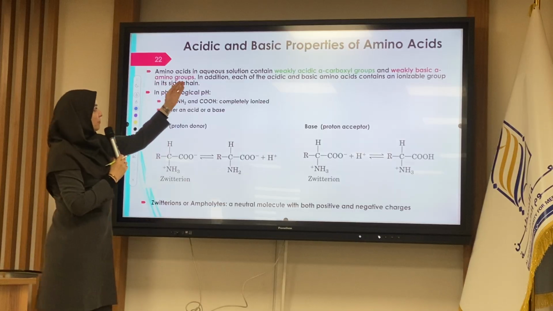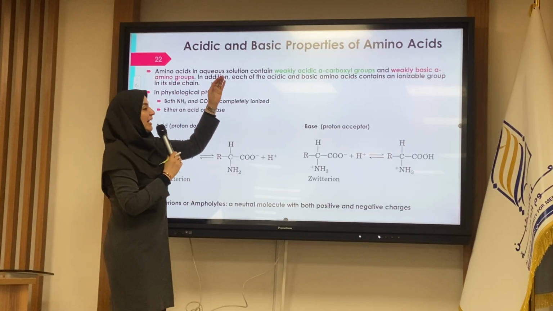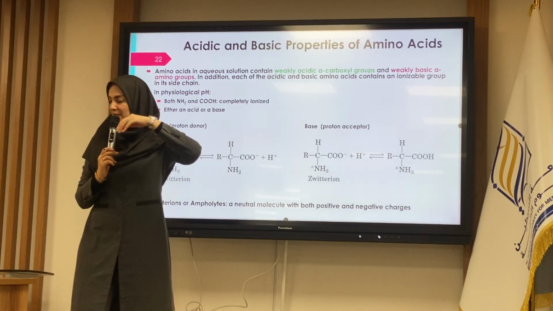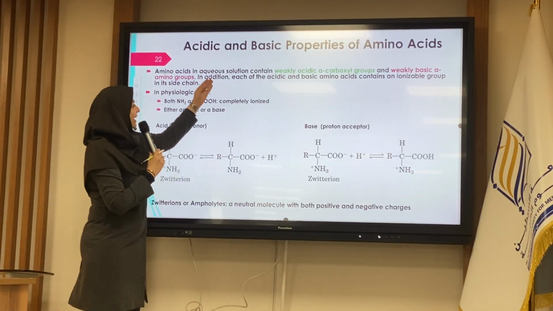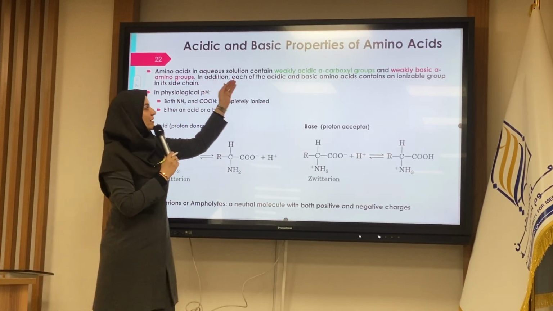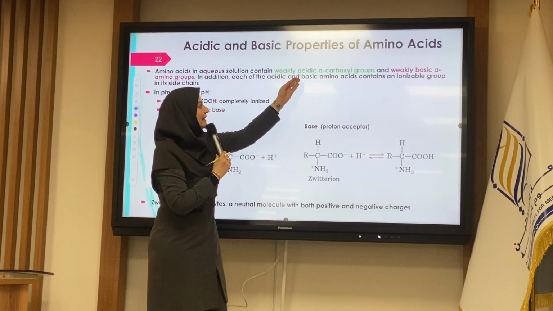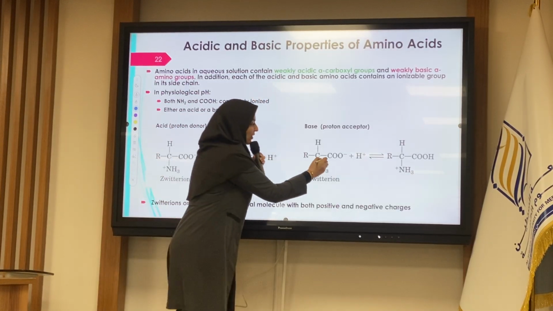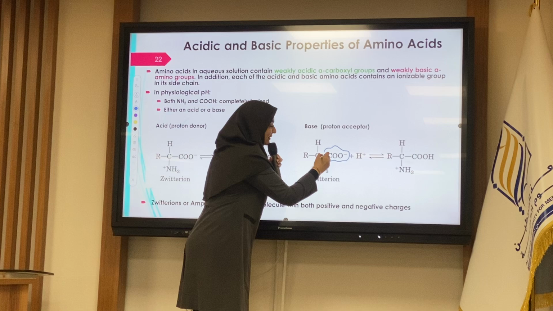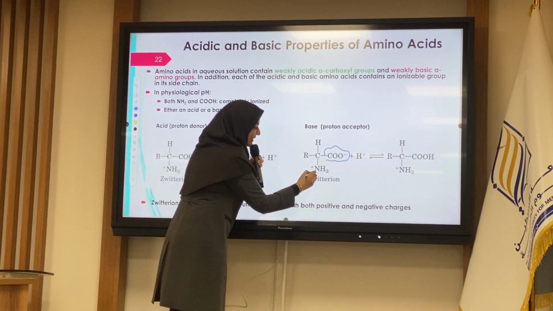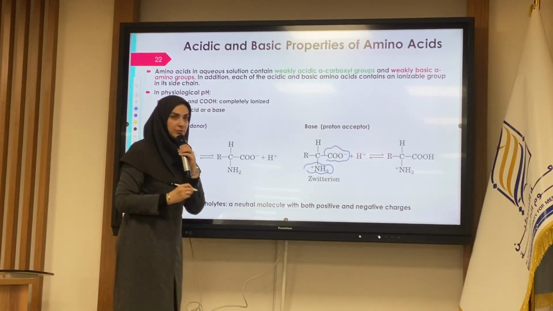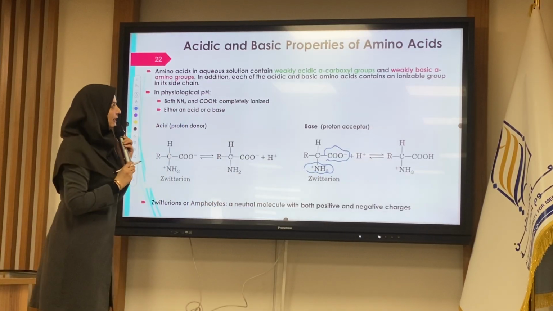Amino acids in aqueous solution, aqueous meaning watery solution, contain a weakly acidic alpha carboxyl group and also a weakly basic amino group.